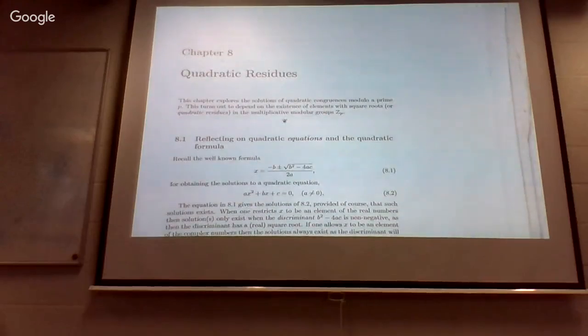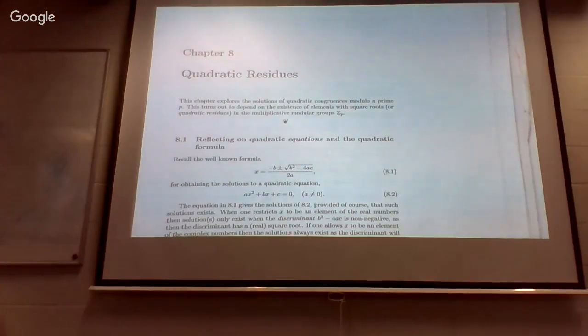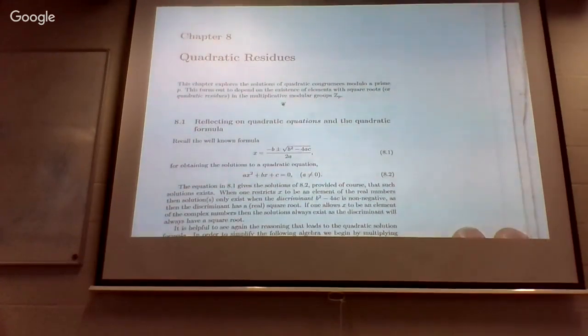So today we're going to begin the last chapter, chapter 8, which is on quadratic residues. In the last couple of chapters, we've been looking at polynomial congruences.